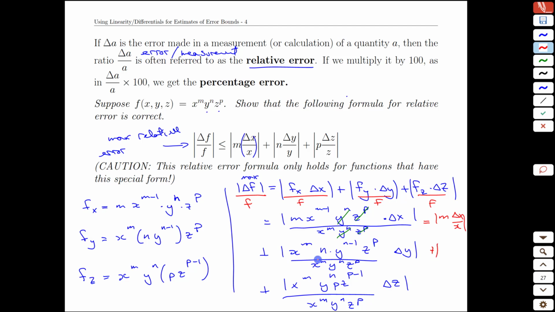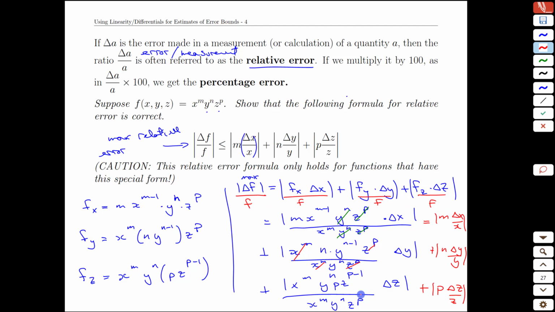We're going to have the x's cancel, the z's cancel, there's an n left over, there is a delta y left over, and we end up with one higher power of y in the denominator. And last but not least, we end up with p and a delta z on top, and a z on the bottom through exactly the same parallel form here.